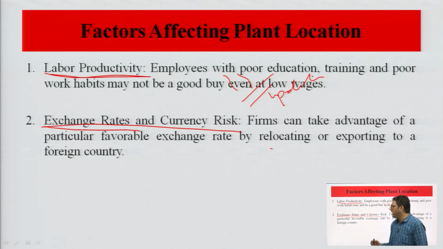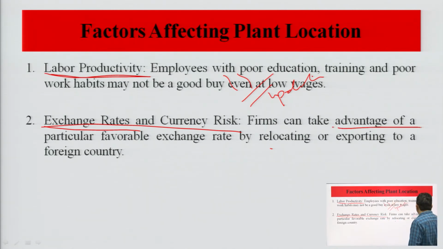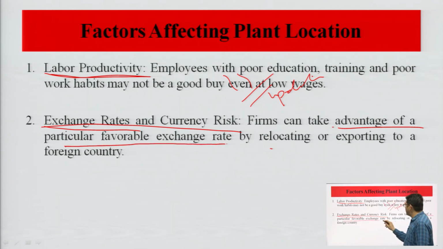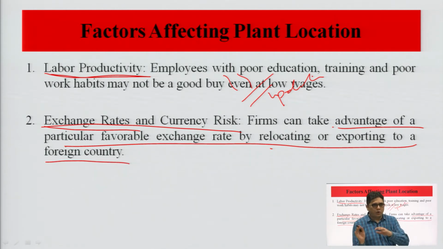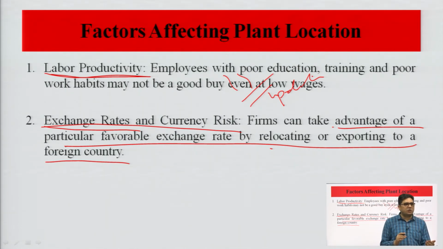So, the firm can take advantage of a particular exchange rate by relocating or exporting to the foreign country. You relocate to those countries where the exchange rate is low and manufacture your product there, because since the exchange rate is low, your cost of manufacturing is going to be low, and you can sell your product at lower prices across the globe.